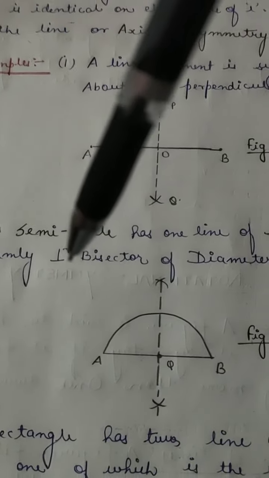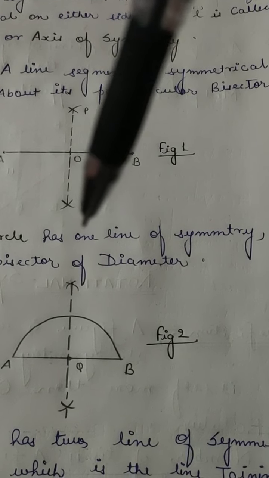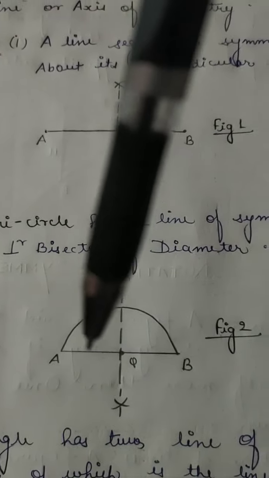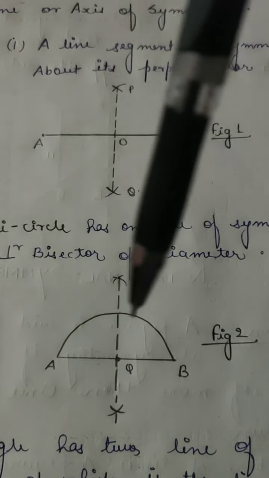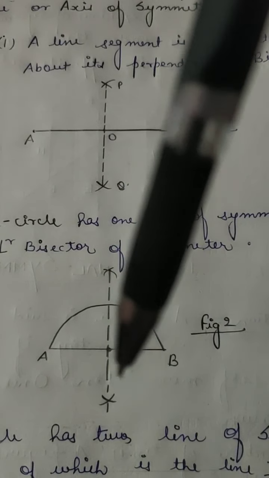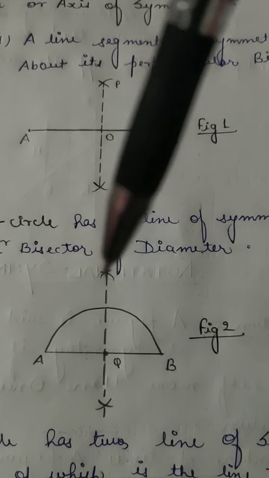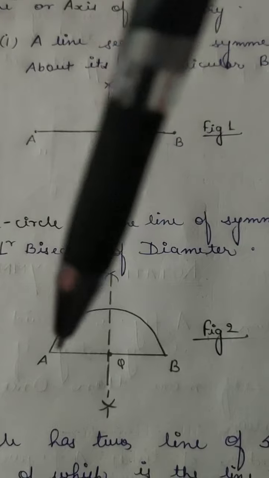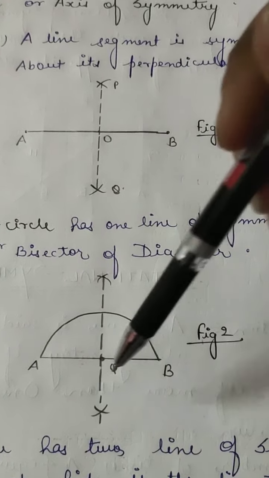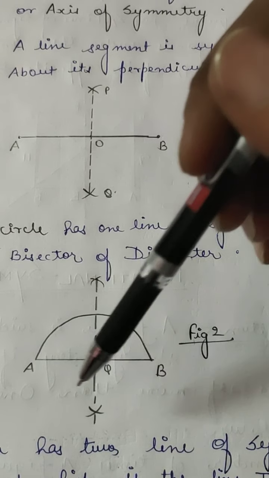Now consider one more example. A semicircle. A semicircle has one line of symmetry. How? For example, here I have drawn one semicircle. If I take perpendicular bisector of this semicircle, then this perpendicular bisector will divide this semicircle into two halves and both the halves will overlap each other, this half as well as this half.